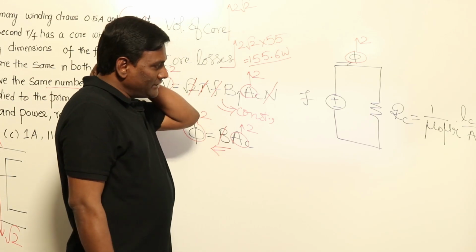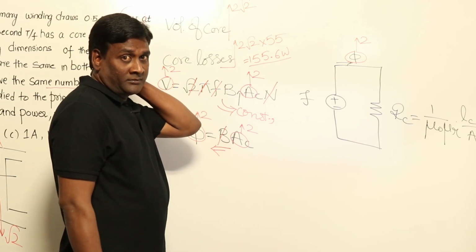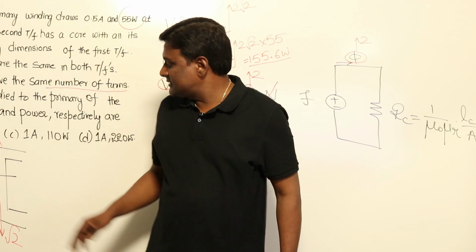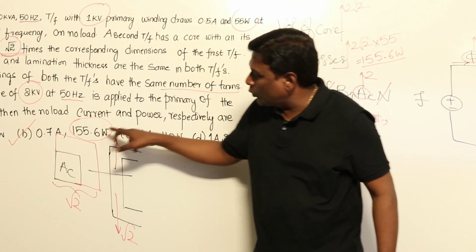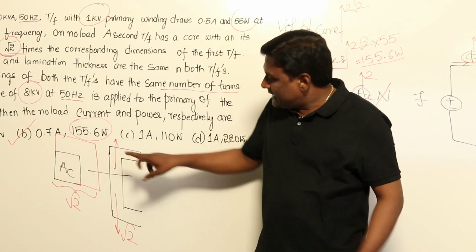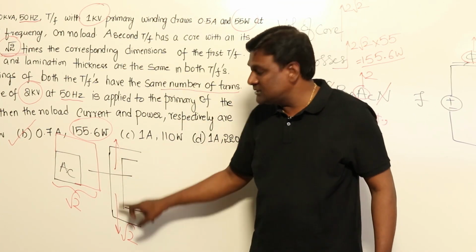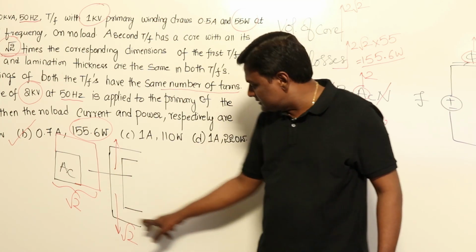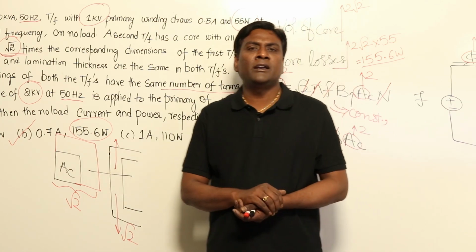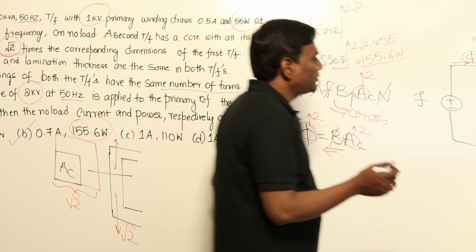Now let us see how reluctance is going to vary. If you come back and see this diagram, the area of cross section of the core is doubled, and the length of the limb is increased by root 2 times. So the total flux path length will be increased by root 2 times. Now come back to here.